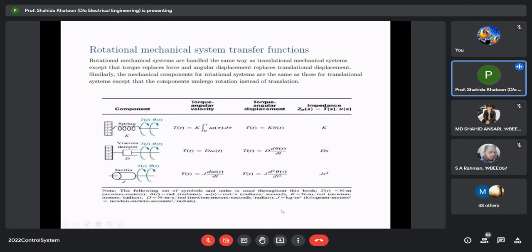The symbols are: torque is given in Newton meter, theta is measured in radians, omega(t), which is the angular velocity, is radians per second, K is the spring constant in Newton meter per radian, D is the viscous friction coefficient given by Newton meter second per radian, and J is the inertia given in kg meter square, or Newton meter second square per radian. All these units you can derive from these equations.